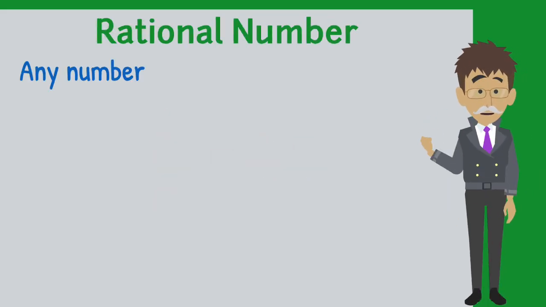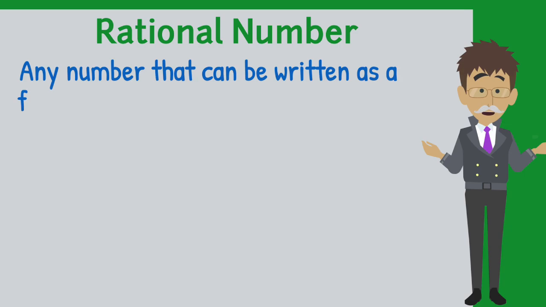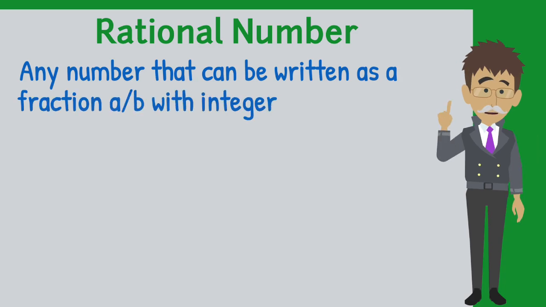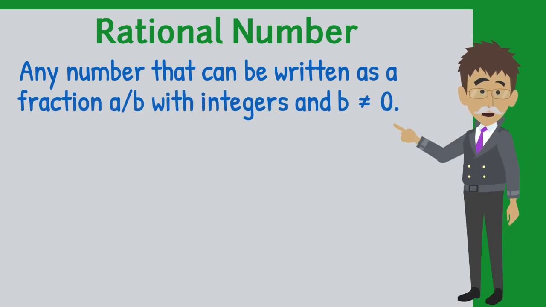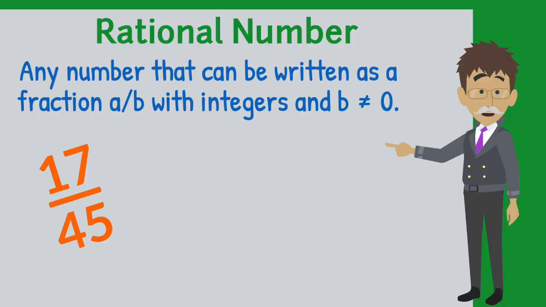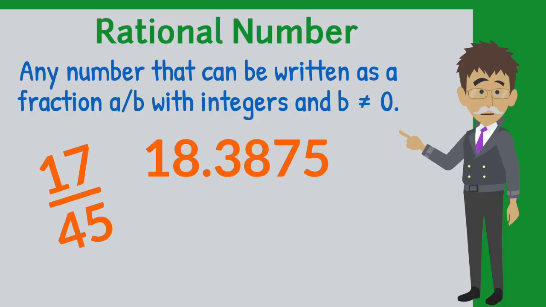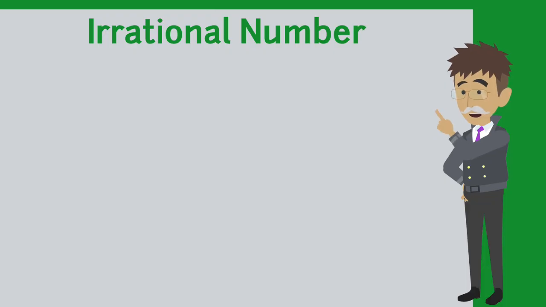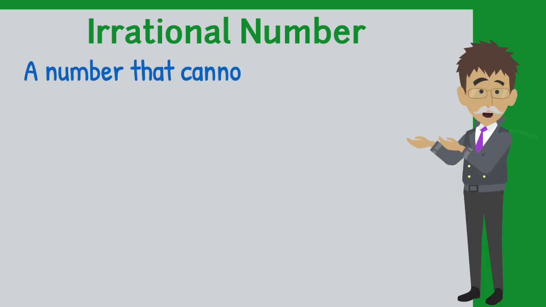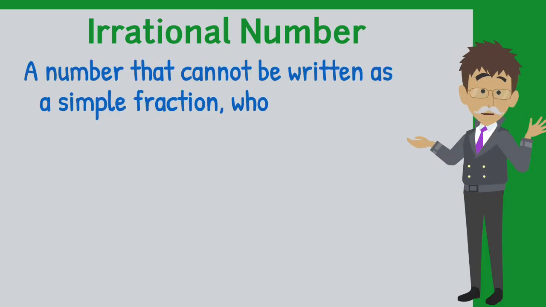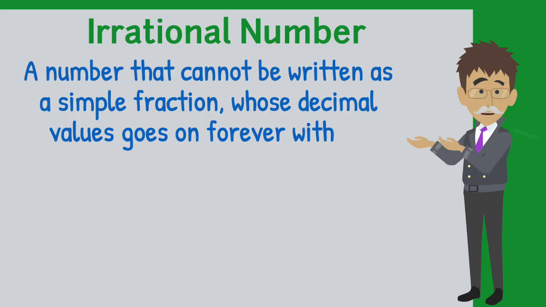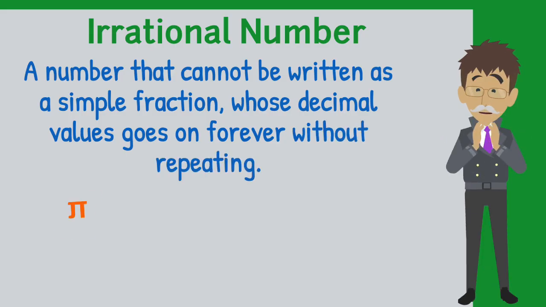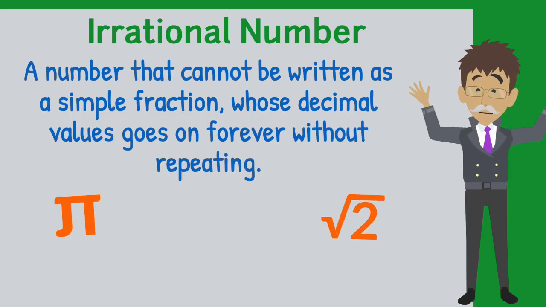Any number that can be written as a fraction, a over b with integers, and b does not equal 0. Rational numbers include all fractions and decimal numbers that terminate or repeat. Irrational number. A number that cannot be written as a simple fraction whose decimal value goes on forever without repeating. For example, pi and the square root of 2 are irrational.